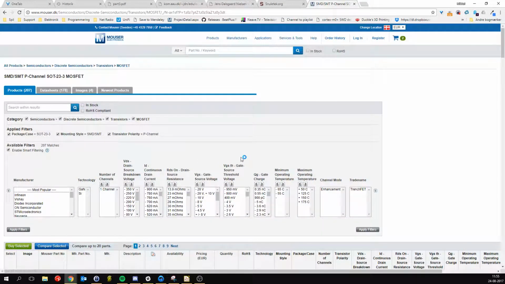Then we want this to be a logic level one, so we want our VGS threshold to be under, say, if we're switching with a 3.3 volt microcontroller system, I usually like to go for 2.5 volts, but that's a bit high.